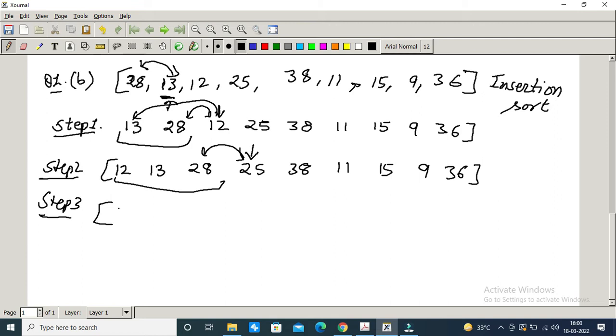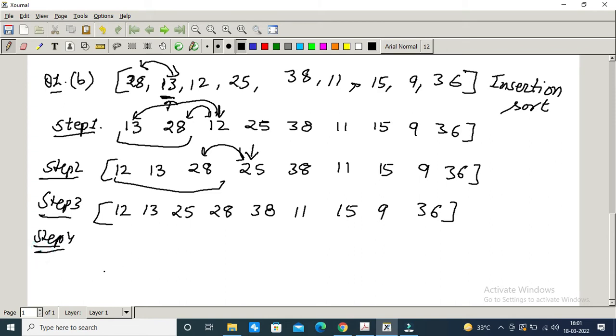So in this step we will write 12, 13, 25, 28, 38, 11, 15, 9 and 36. Okay. Now the next step, which is your step 4, right?